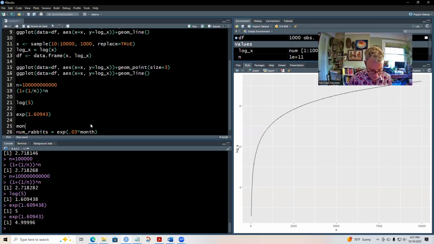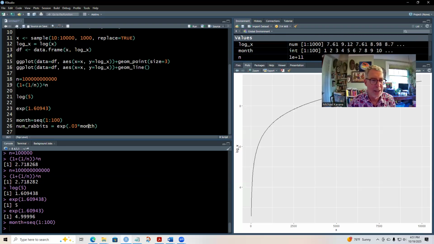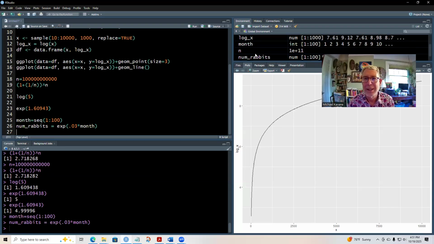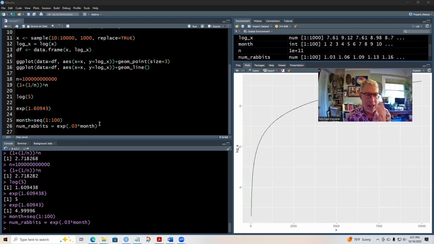And let's make the number of months be a sequence from 1 to 100. So we'll have 100 months. So we have the number of months, the sequence 1, 2, 3. So now we have the number of rabbits increasing steadily, exponentially.